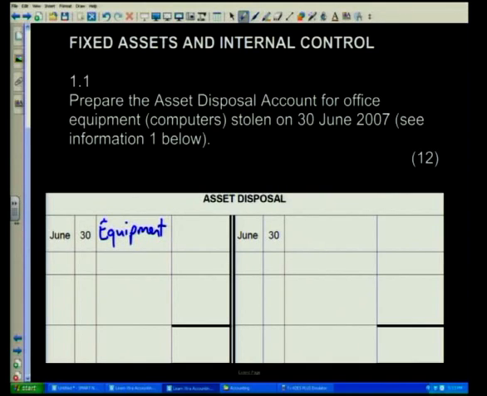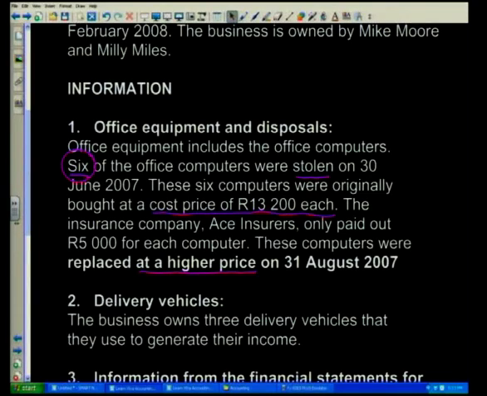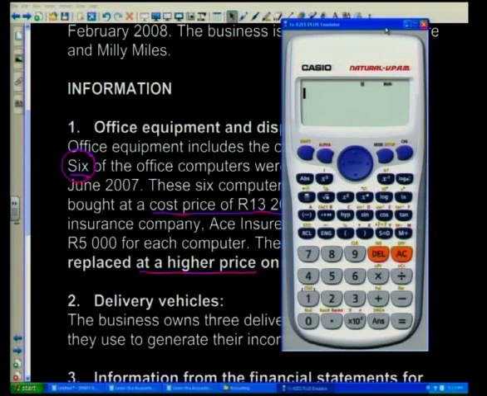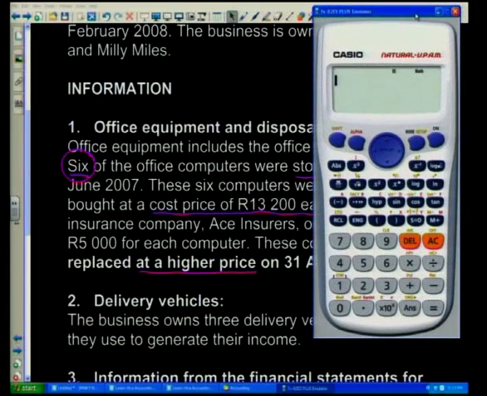To do that, we need to remember that there were 6 computers, each costing 13,200 Rand. So the calculation is simply going to be 6 computers multiplied by 13,200 Rand, and that will give us a cost price of 79,200 Rand. So those 6 computers altogether cost 79,200 Rand.